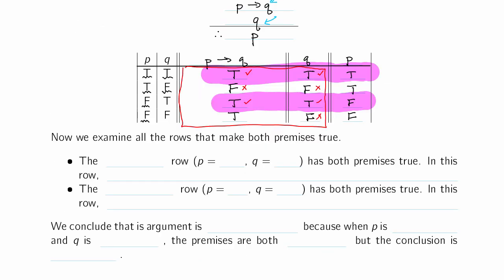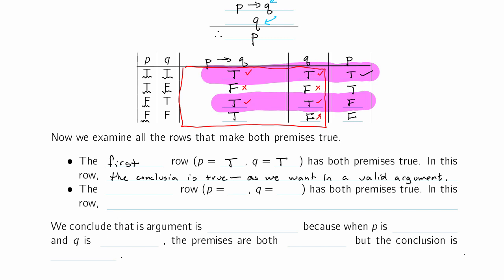In the first row, when we have P is true and Q is also true, both premises are true, and our conclusion is also true. That's fine. That's what we want from a valid argument, right? When the premises are both true, the conclusion is also true.